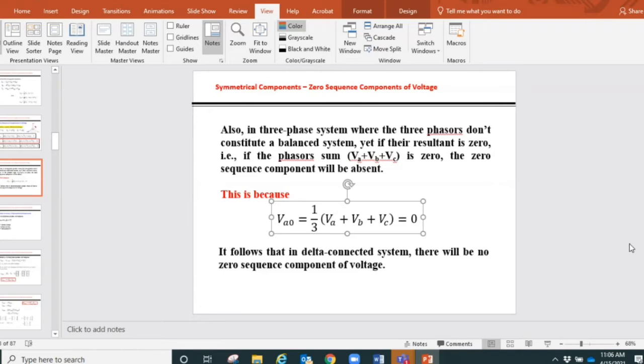It can happen in a delta connected system where some of the three phase voltages may become 0, giving a condition where the zero sequence voltage is 0 although the system might not be balanced. So it can happen in real life power systems as well that the system is not balanced, but the sum of VA, VB, VC is equal to 0 because they are phasors. And it can give that condition that the zero sequence voltage is equal to 0.